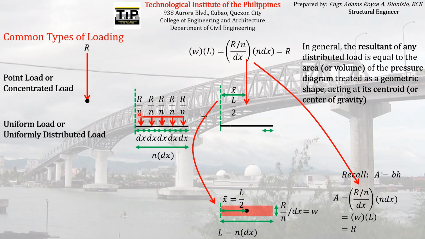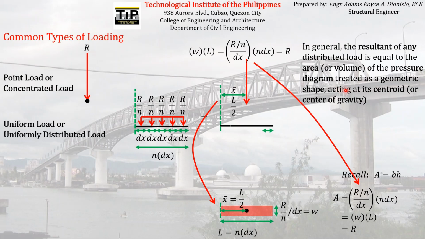Ibig sabihin lang nun, kung meron kang distributed load dyan, and you want to find the magnitude of its resultant as well as its location, all you have to do is, instead of treating this as composed of several forces, treat it as composed of a geometric shape with this dimension, and then yung resultant netong distributed loading na to is just equal to the area nitong mabubuo mo na geometric shape. And saan located yung resultant na yon? Yung resultant na yan, that is just located sa centroid nitong nabuo mo na geometric shape.